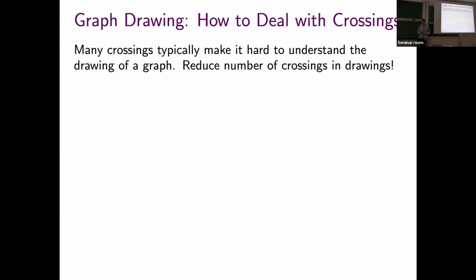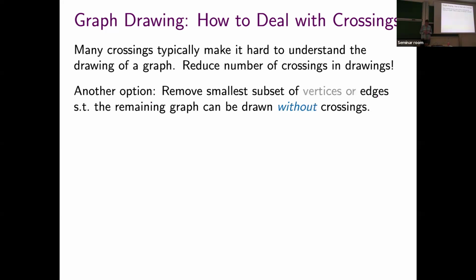And the obvious optimization problem that comes out of this is to reduce the number of crossings in drawings of graphs. Another option would be to take away elements of your graph that are disturbing.